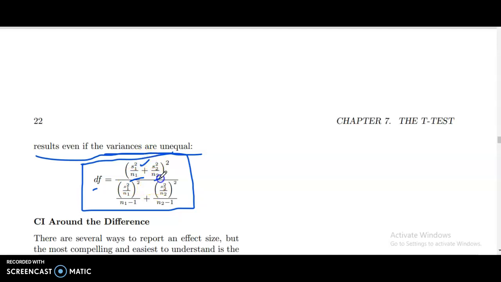For this much n2, how much s2? Like this, then squaring, getting the values, adding, then squaring. Likewise s1 square, same here, and in the denominator it has to be n1 minus 1.